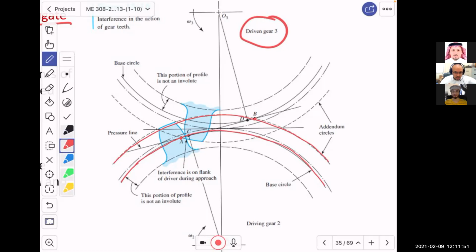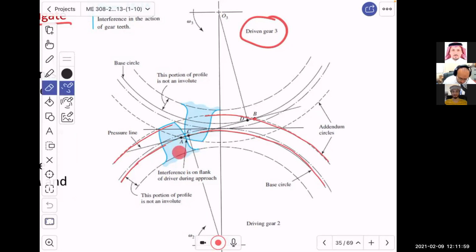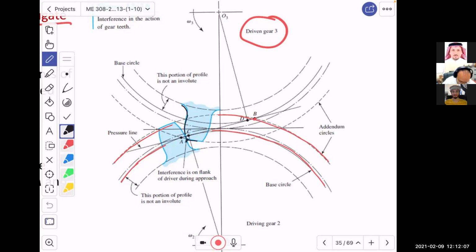But anything beyond that or below it is not. And if you look down below in this example, we see that this gear has a contact over here, and this point is actually below point A, which means there is a contact down in a location where this portion of the profile is not an involute.